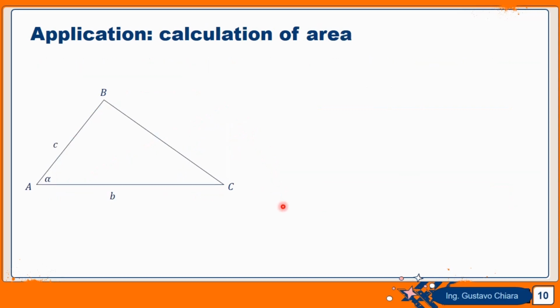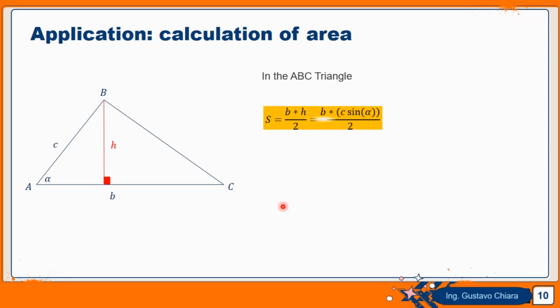Another application that you must know is the calculation of area. Well, we have a triangle ABC. We know that this side is c, this side b, and we have only the angle alpha. In the triangle ABC, remember how you can calculate the area of a triangle.